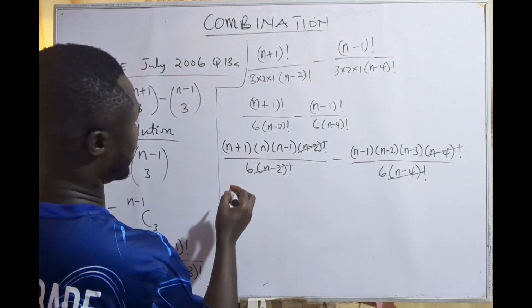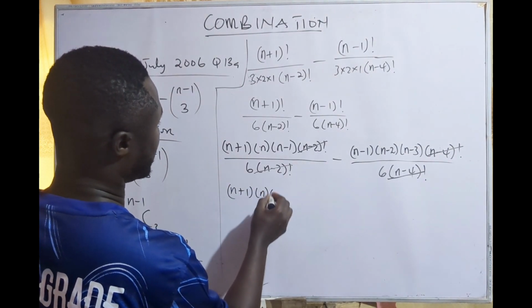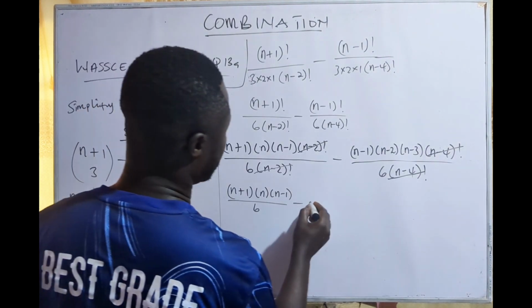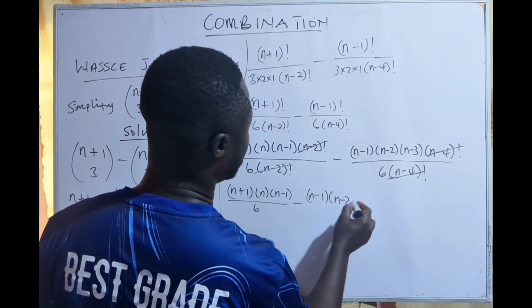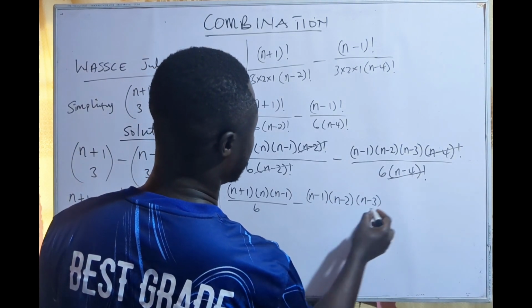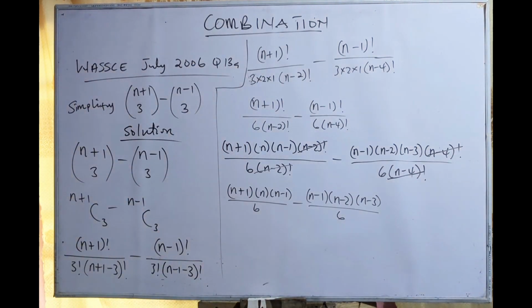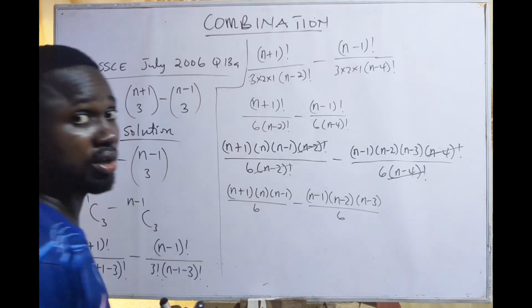Then what do I have here? I have n plus 1 multiplying n minus 1 all over 6, minus n minus 1 multiplying n minus 2 multiplying n minus 3 also all over 6. Alright, so let me write it as a single fraction because they have a common denominator of 6.